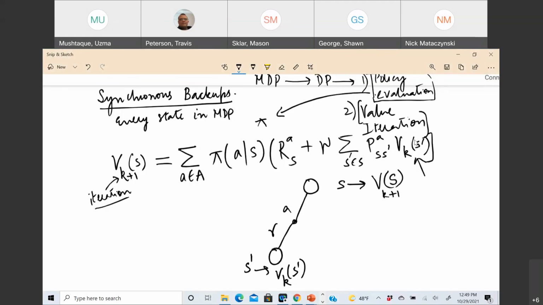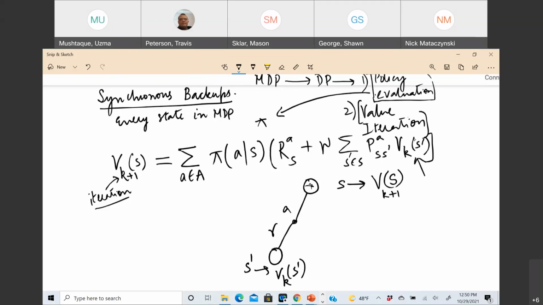We're calculating the value of the next state by backing up the value of the current state from the previous iteration, right? So basically, if you look at the root node, I'm calling this the root node, this root node is given by the reward I got by taking action A plus the value that I have in state S prime, right? And so we are using the Bellman expectation equation in an iterative way for this dynamic programming type setup, right?